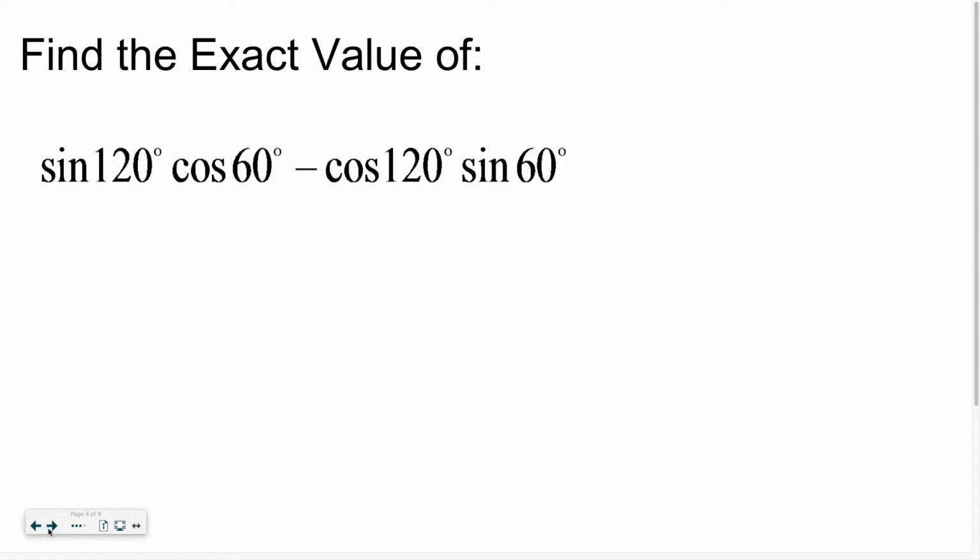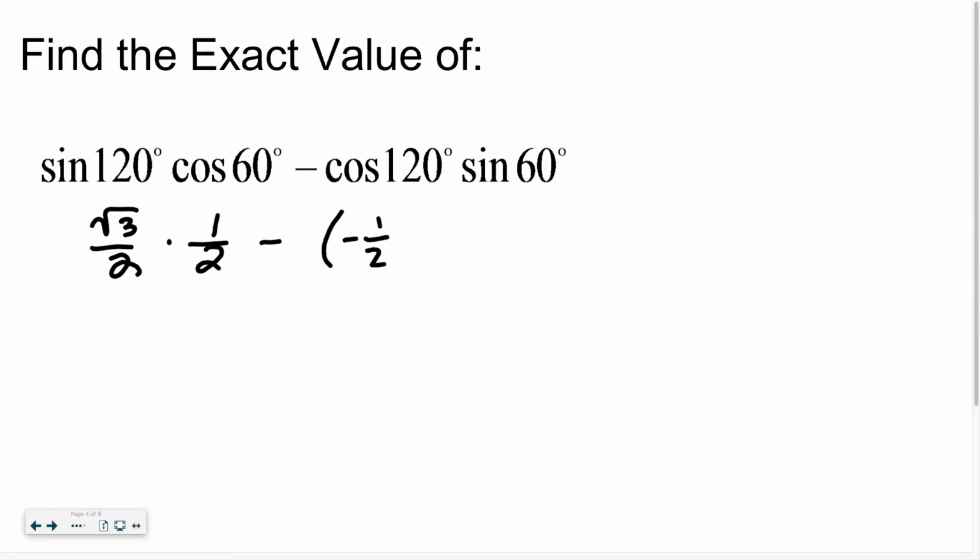The other thing, probably the most common one I see, is people who are either changing and then using the unit circle or just going straight to the unit circle. Like, what is the sine of 120? Square root 3 over 2. What is the cosine of 60? 1/2. Minus. What is the cosine of 120? That's in quadrant 2.